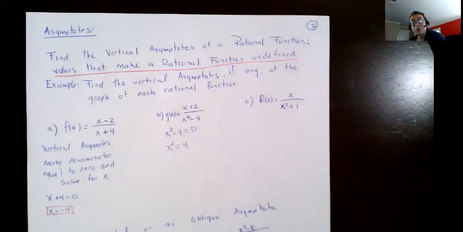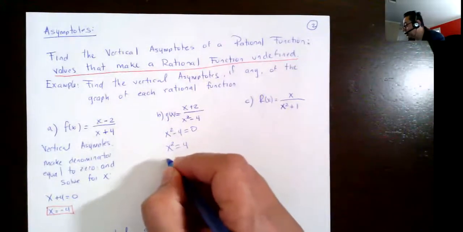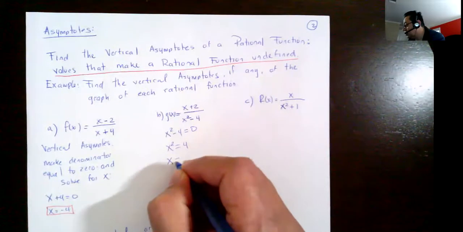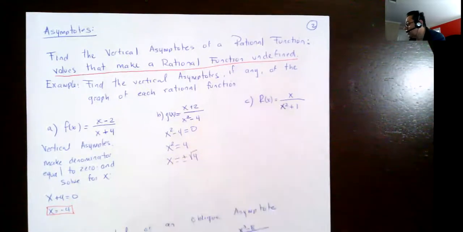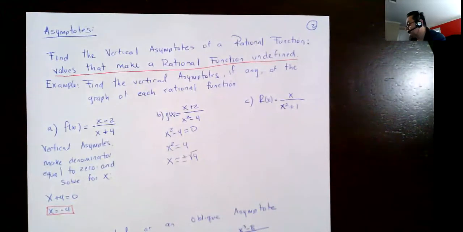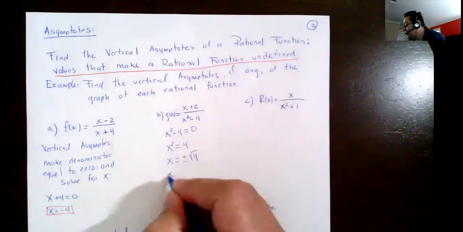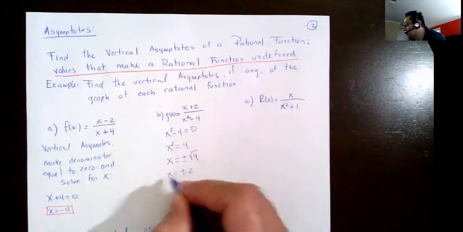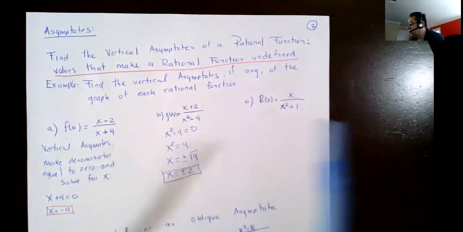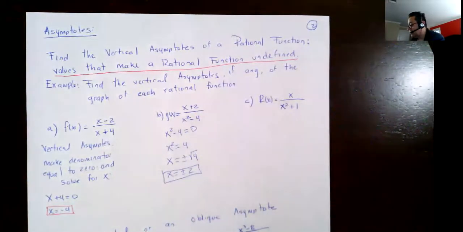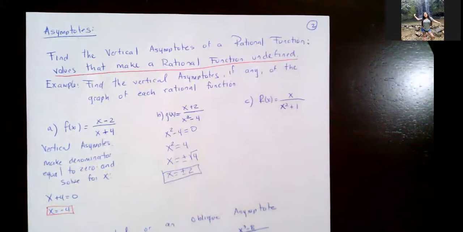Here we're gonna apply the square root property: x equals plus minus, don't forget the plus minus, the square root of 4. So x equals plus minus 2. These 2 values are where the vertical asymptotes are gonna be located, at x equals plus minus 2.